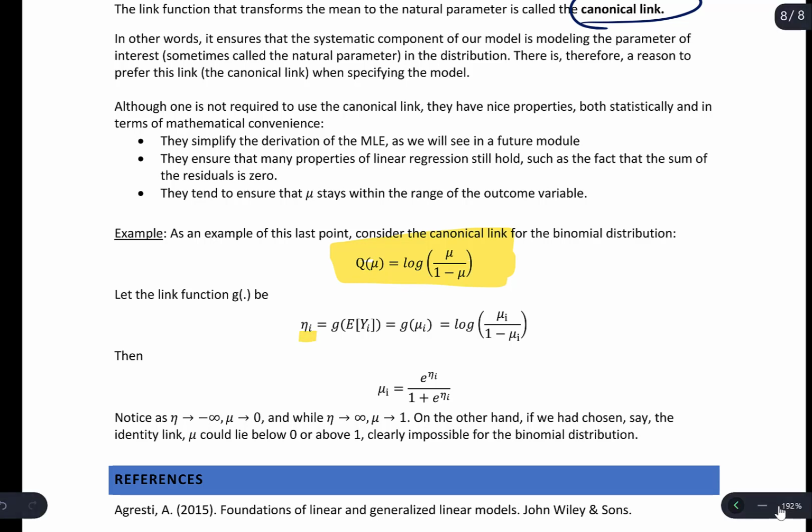So we set nu to be equal to g of mu i, equal to that natural parameter. And then we can back transform to get the following. And this is exactly, when we looked at potential link functions before for the binomial last week, one that made sense.